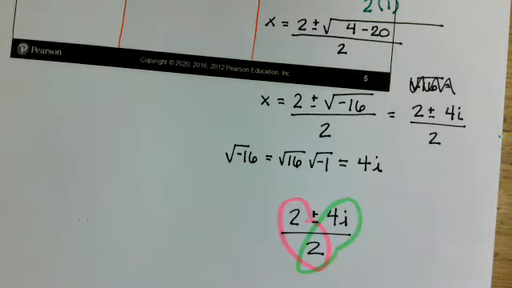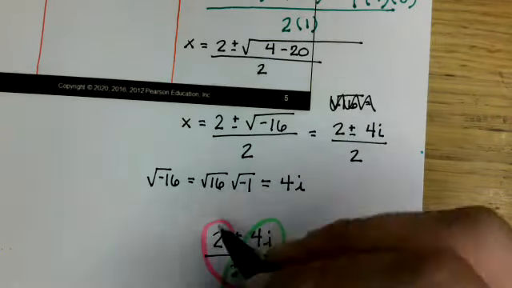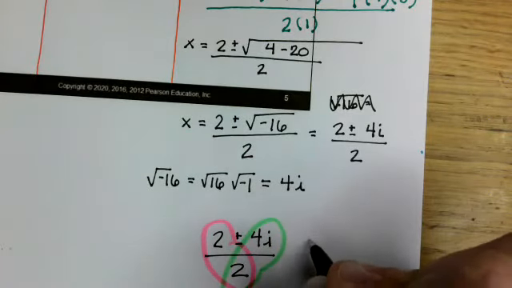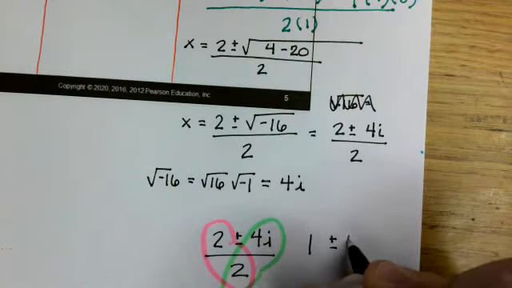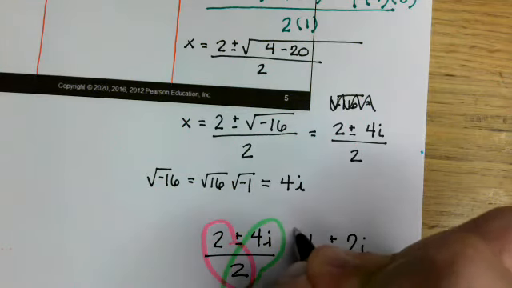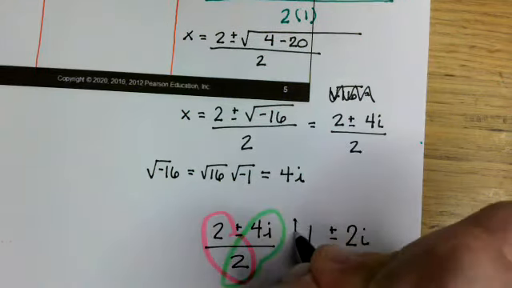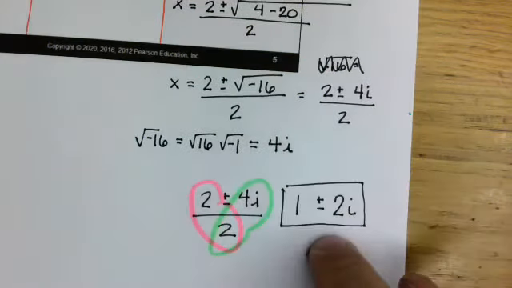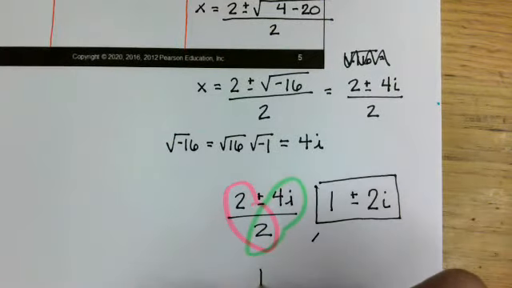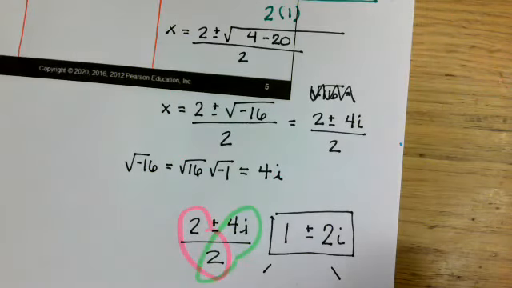So now I have 1 plus or minus 2i. And remember, those are two different answers. So your answer could be 1 plus 2i. Your other answer is 1 minus 2i.